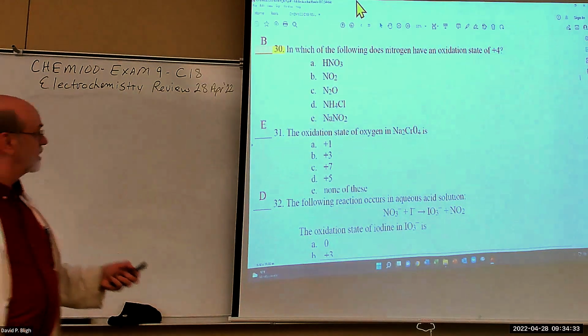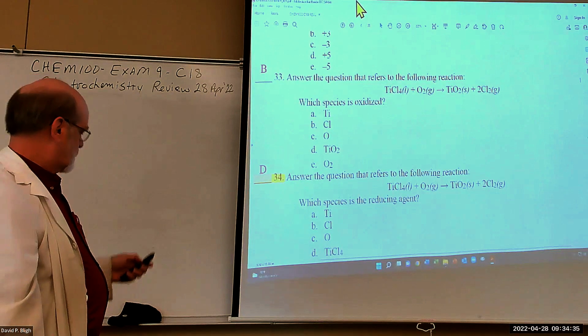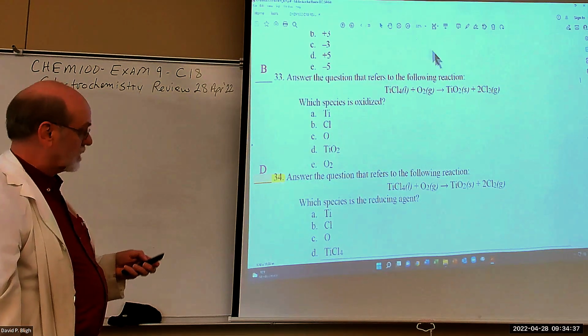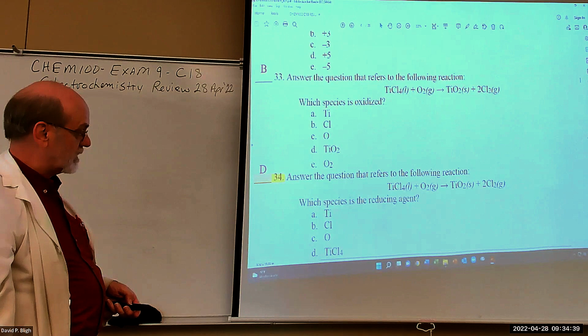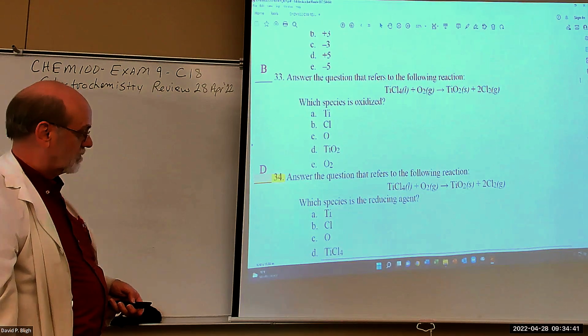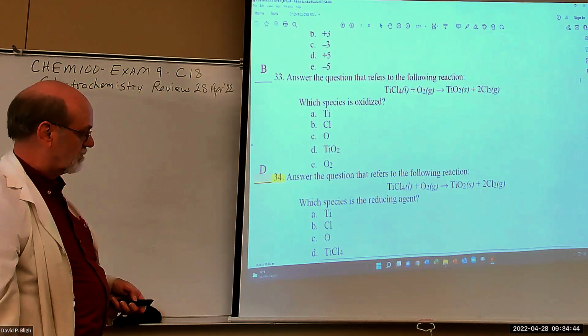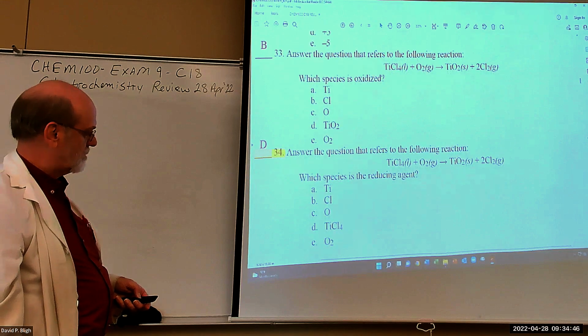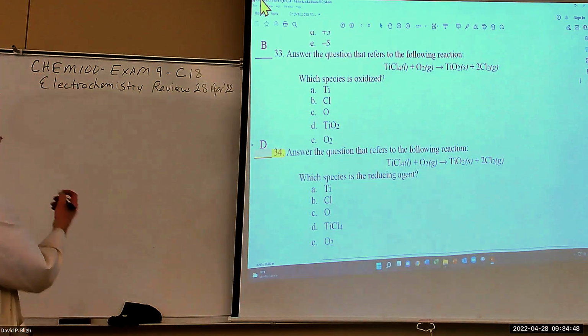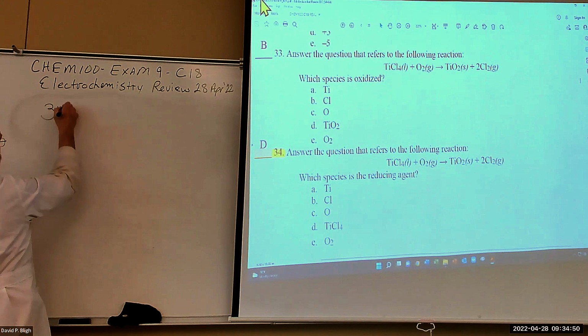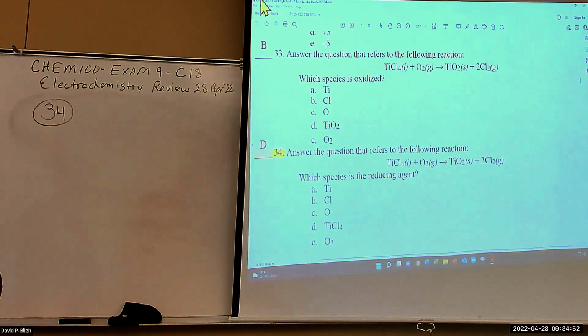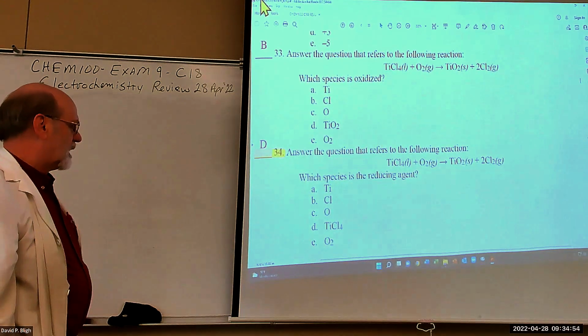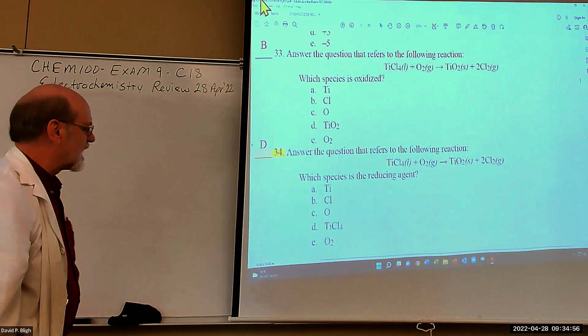All right. 30, let's see, I need to scroll a little bit here. Yep, here it is. 34. Which species is the reducing agent?